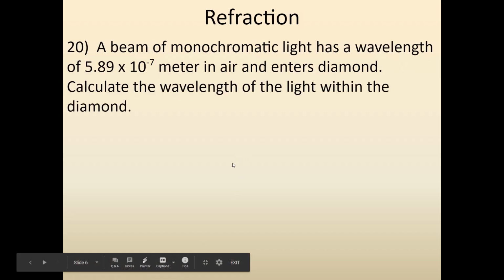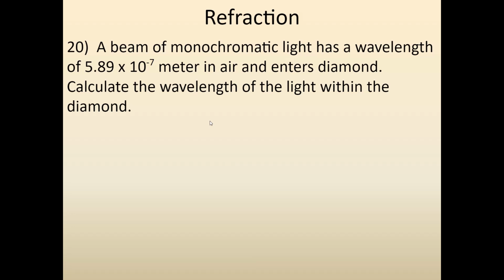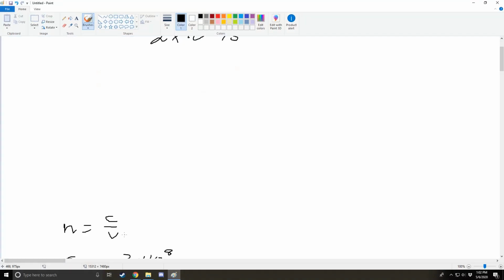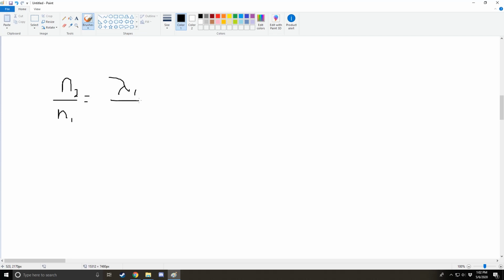All right, and then this should be the last question. So pause the video, work on it yourself, and we'll go over it in a second. So this one requires me to use that awkward equation. n2 over n1 equals lambda 1 over lambda 2.